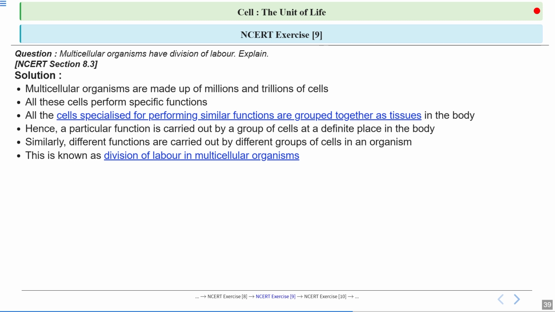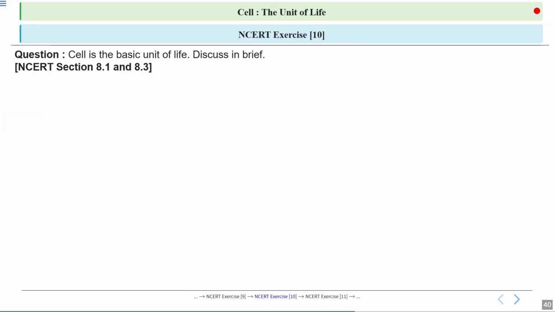Tissues are cells grouped together, performing similar functions. So there is division of labor in multicellular organisms. You can give examples of liver cells, heart cells, cardiac cells, then nerve cells, neurons, and blood cells.